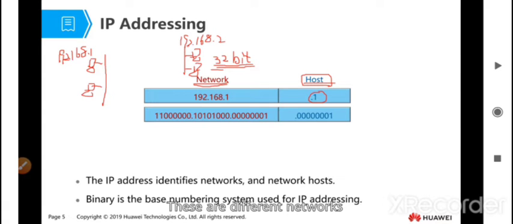These are different networks, so they must use different network numbers. Then each host in a network must have a different host number. Maybe this is .1 and this is .2, and here also .1 and .2.